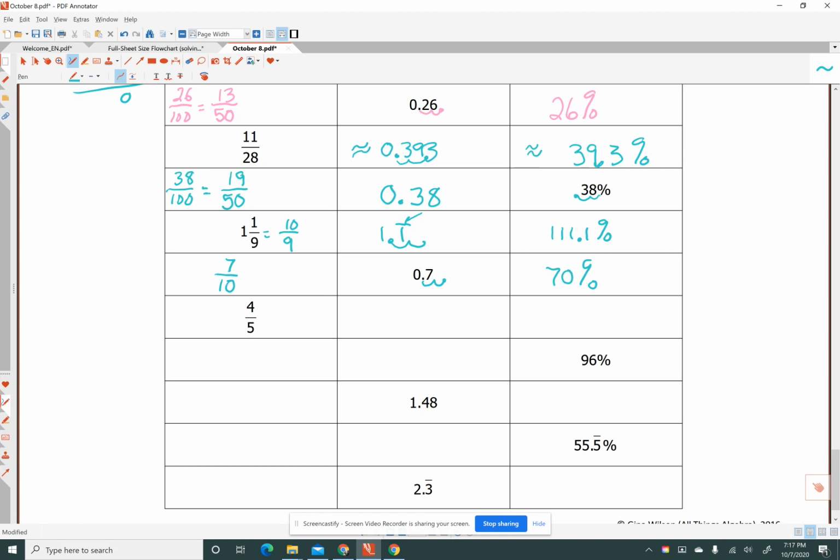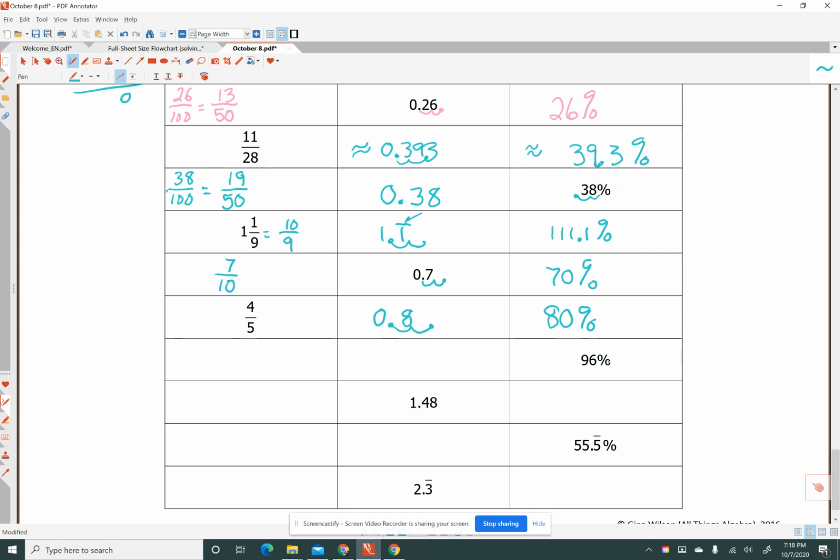Now, when we divide 4 by 5, we end up with 8/10. To convert that to a percentage, we multiply by 100, which would give us 80%.